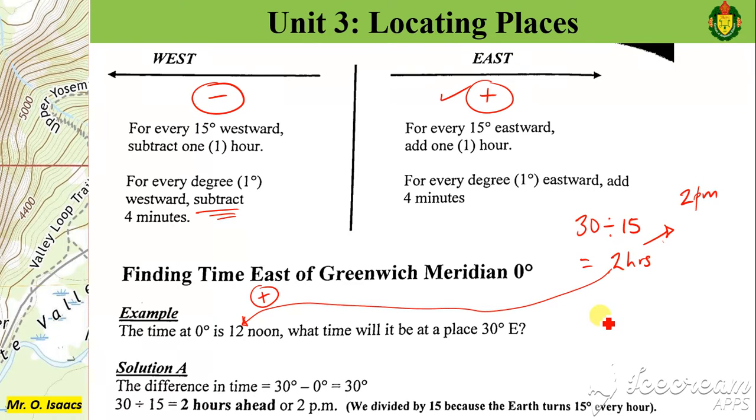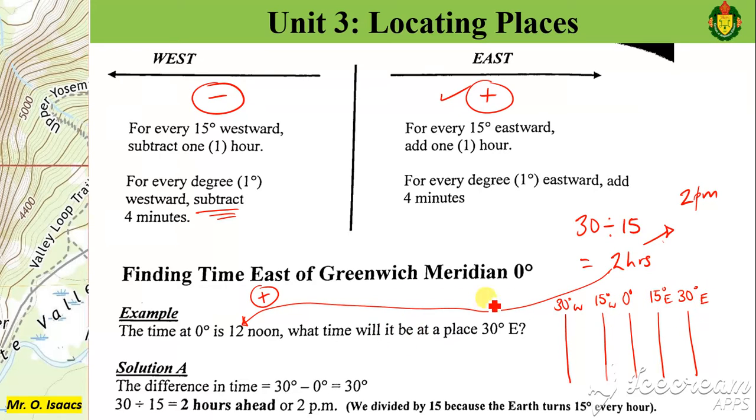Right? And if we draw up our line diagram, which is quite simple to follow, and to help you stay on track, you can match that up. So you have 0 degrees here, 15 degrees, 30 degrees, 15 degrees again, 30 degrees, and this is the west, and this is the east.